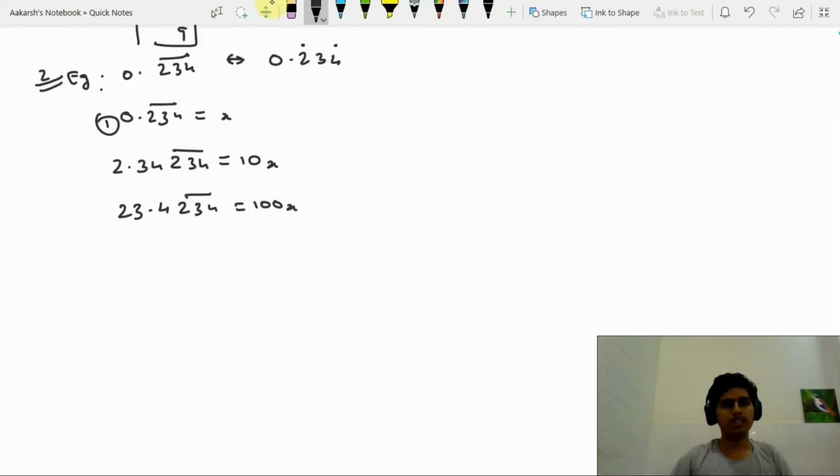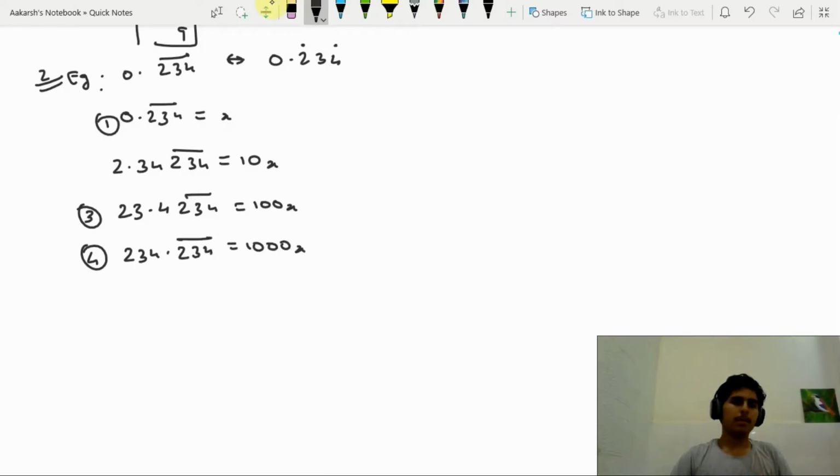Still, if you notice, there is nothing exactly same in the first equation and my third equation. So this was also a failure. Let's try 1000 times. So this is my fourth equation. When I multiply 1000 times, I get 234.234 bar. Yes, this is something useful.